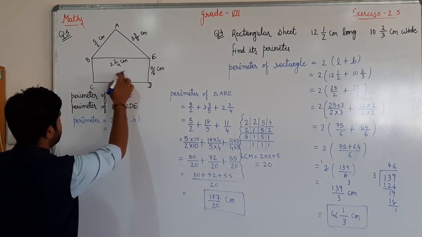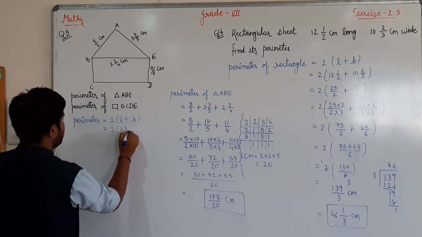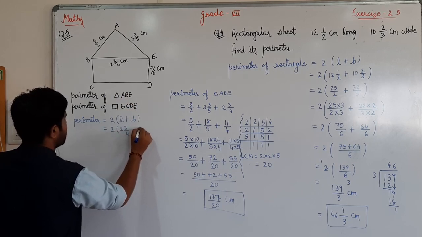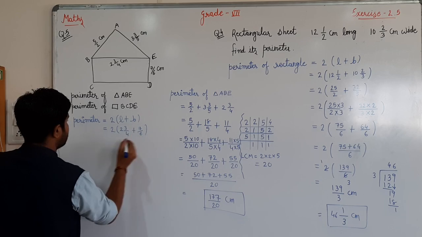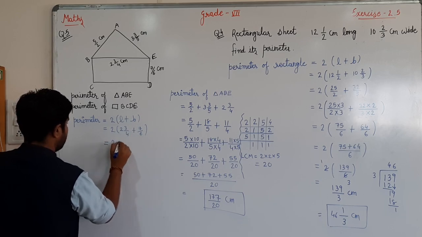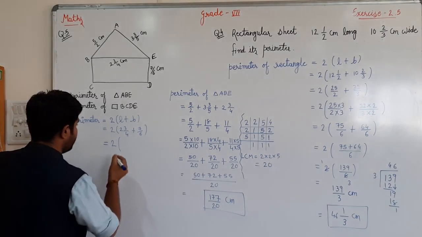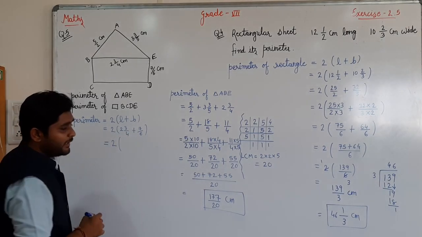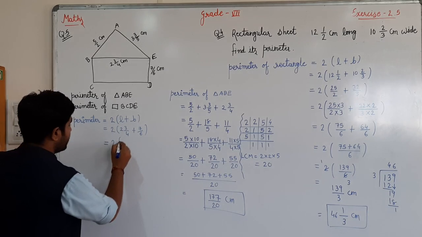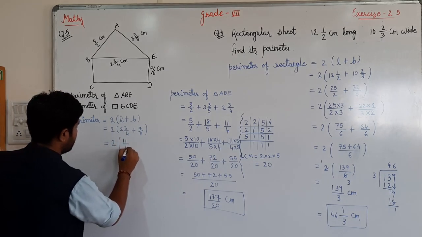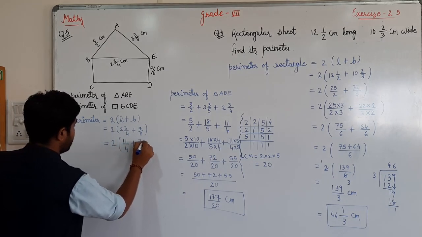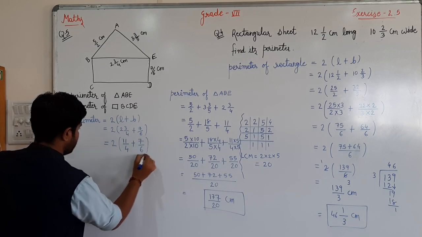So our L is 2 integer 3 by 4 and our B is 7 upon 6. Now convert the mixed fraction into an improper fraction: 4 2s are 8, 8 plus 3 is 11, plus 7 upon 6.